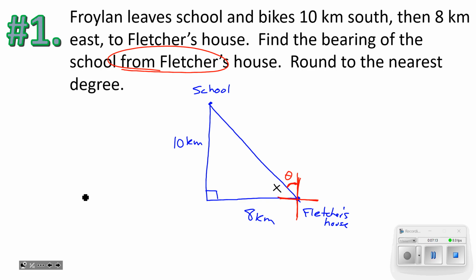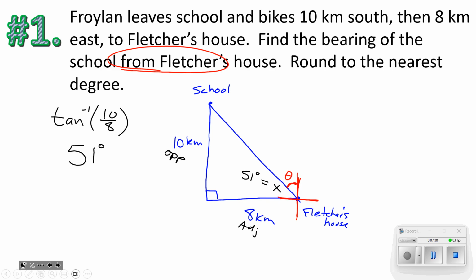And to find that, we're thinking SOHCAHTOA, and we are thinking tangent inverse because this is our opposite and adjacent legs. So tangent inverse of 10 over 8. It says round to the nearest degree. So tangent inverse of 10 over 8, I'm just going to call 51 degrees. So this is 51 degrees. But again, that is not the angle I want to use.